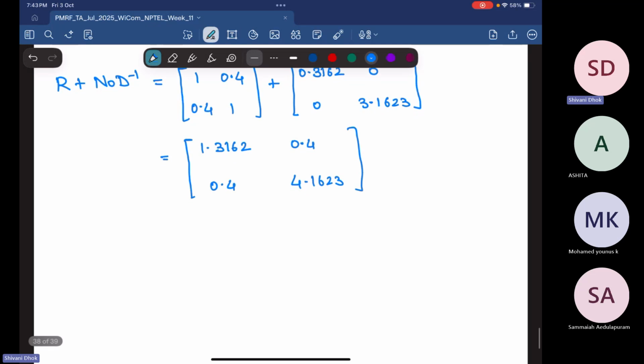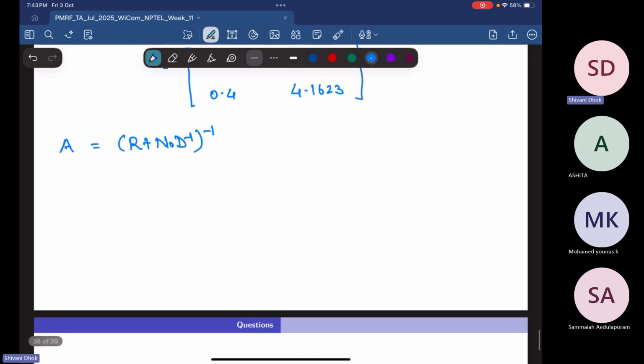So now your A is (R plus N naught D inverse) whole inverse.